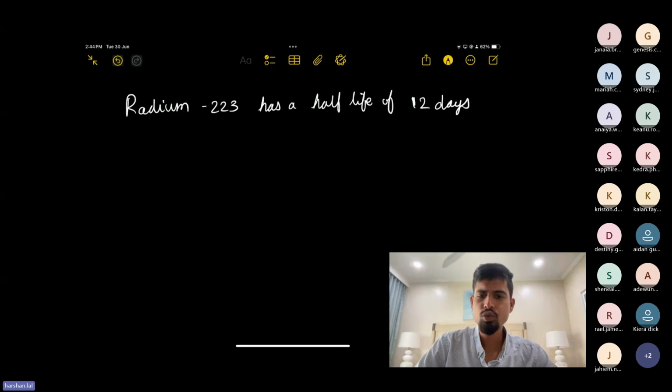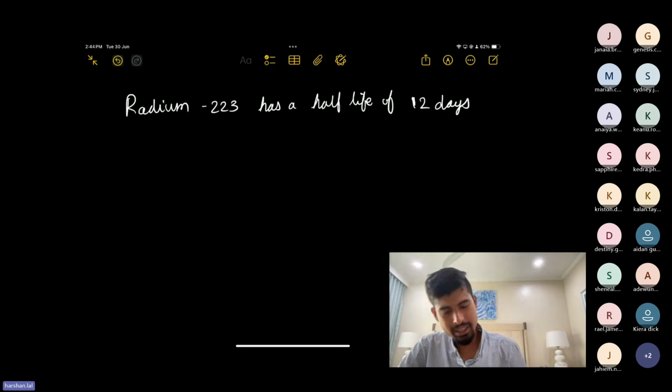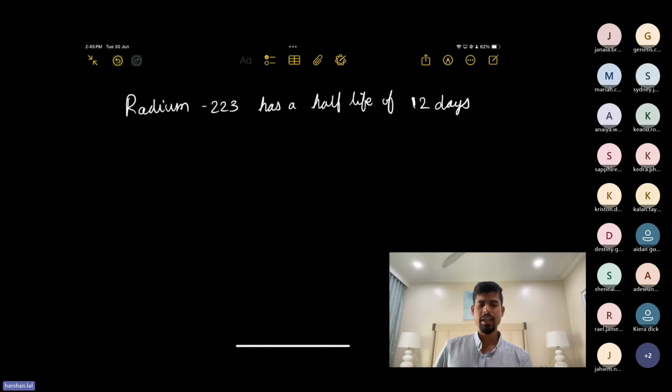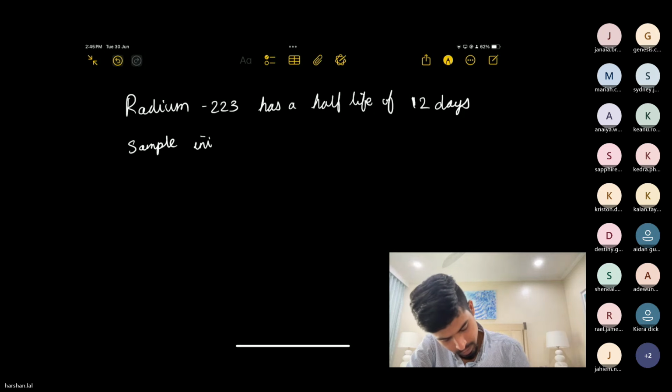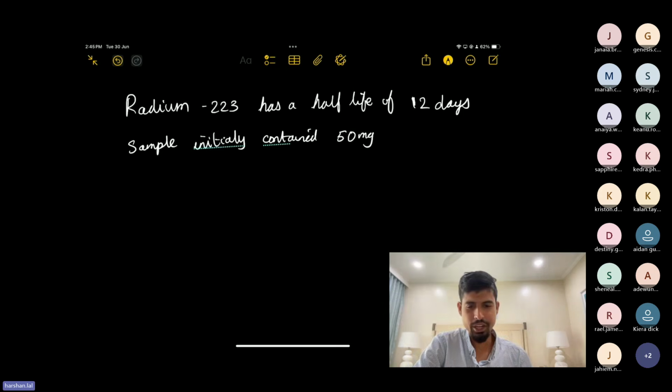Right. So radium-223 has a half-life of 12 days, right? Now, let's say a sample in the hospital initially contained 50 milligrams of the radium, right?